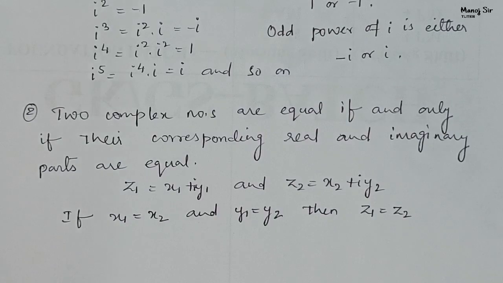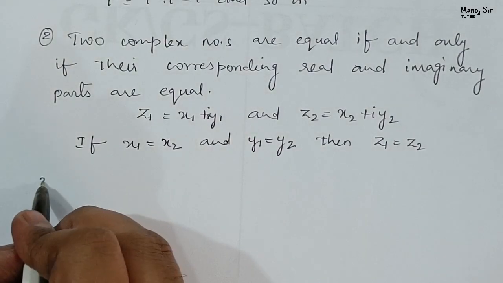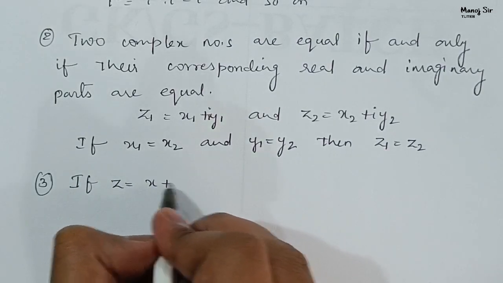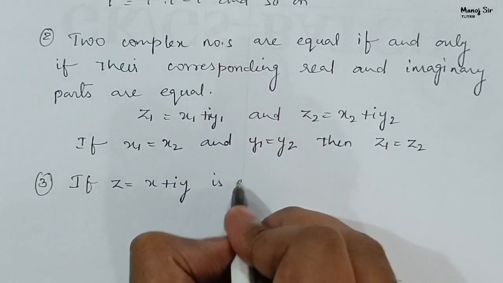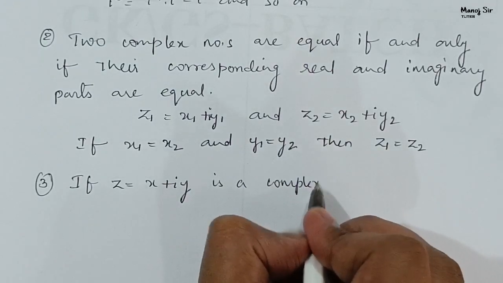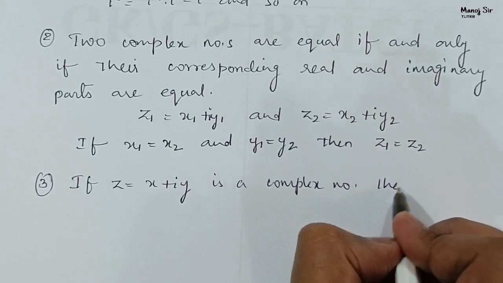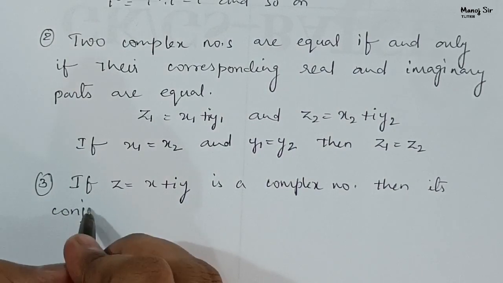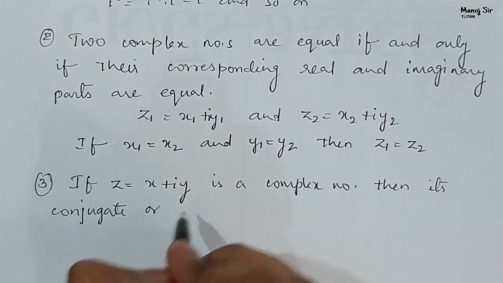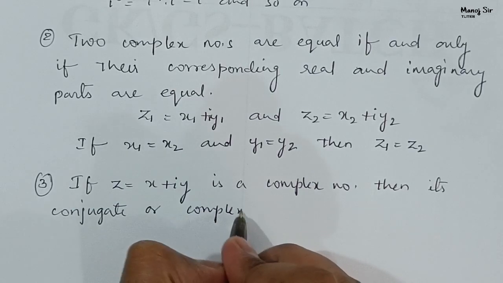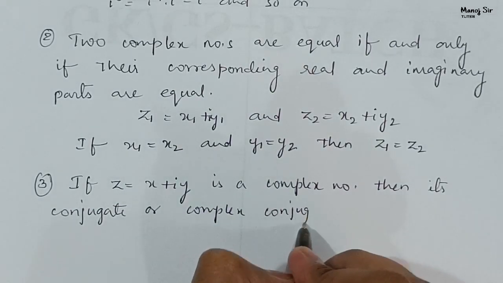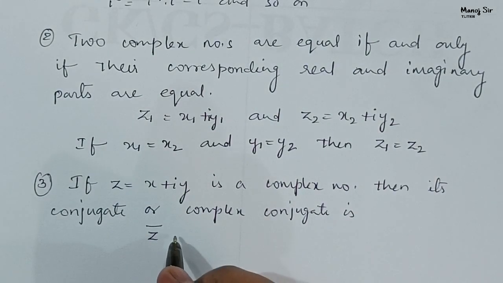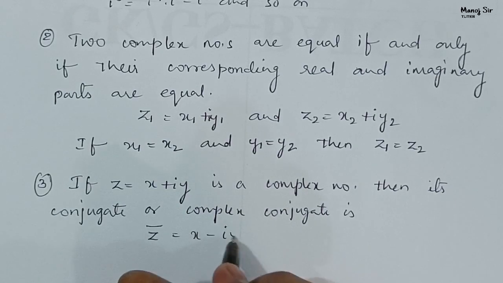Now coming to the third note point. If z equals x plus i y is a complex number, then its conjugate, or you can say complex conjugate, is given by z bar equals x minus i y.